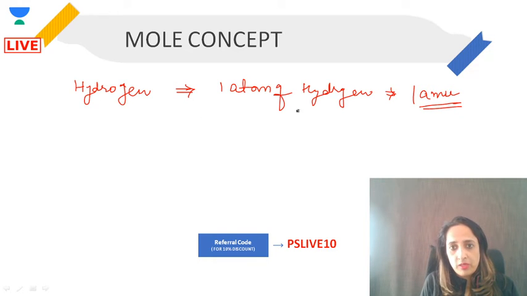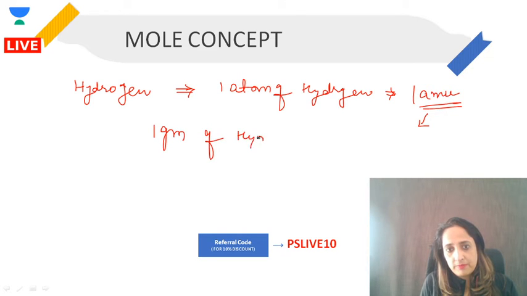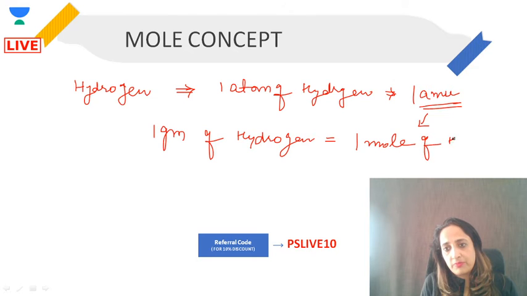If we convert this to grams, 1 gram of hydrogen is equal to 1 mole of hydrogen. So this is what I wanted to explain to you.